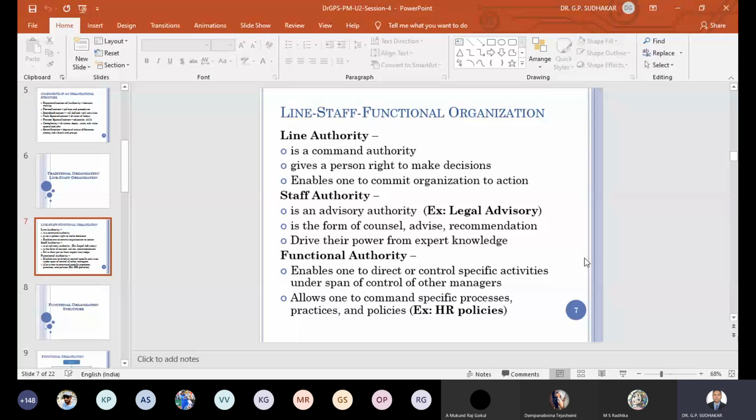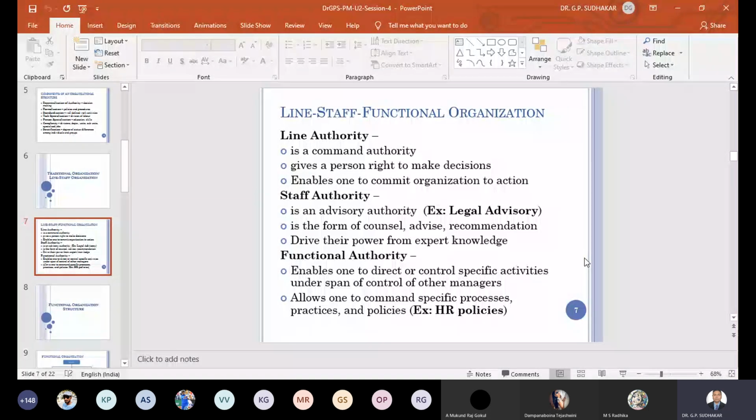Next, functional authority. These are the people who have ownership of the resources inside the organization. They can enforce policies, procedures, and certain standards on the organization. They can also require other managers inside the organization to follow certain rules, guidelines and procedures, and submit documents back.